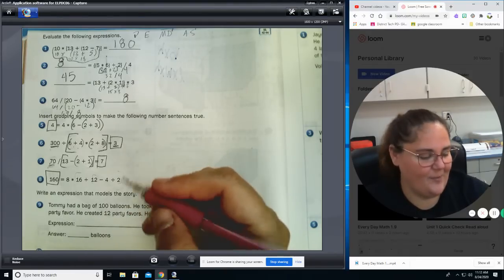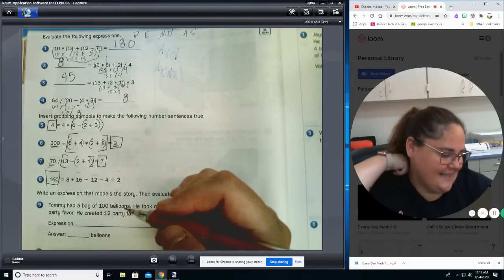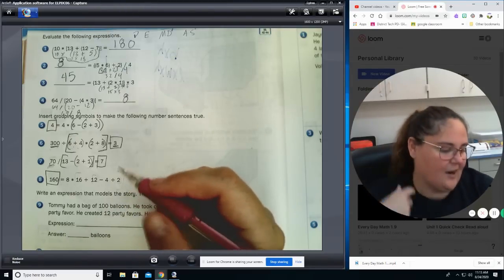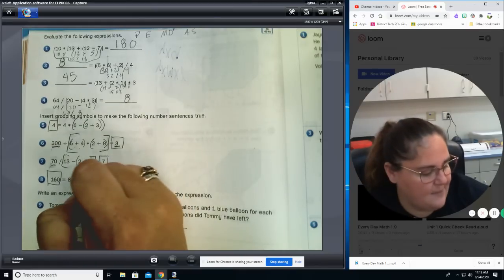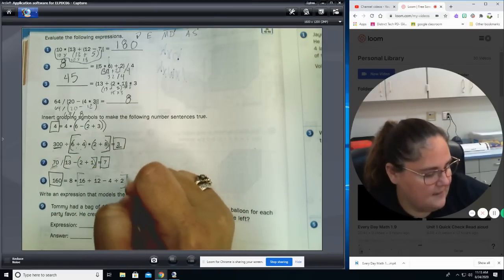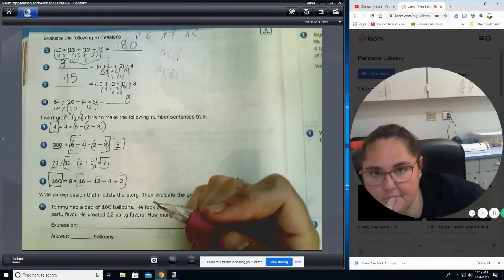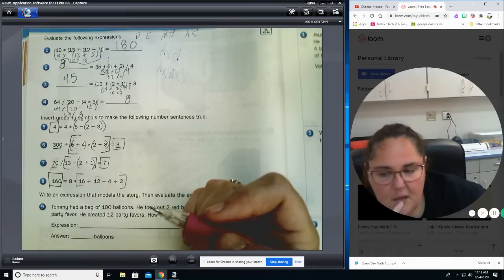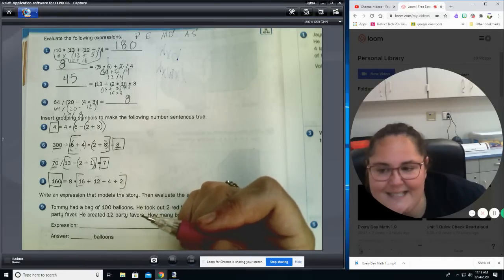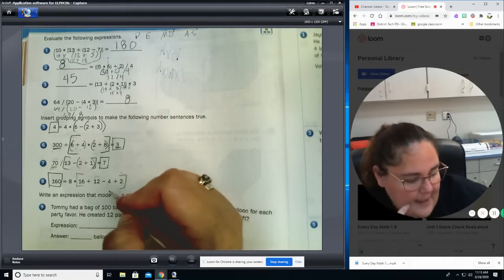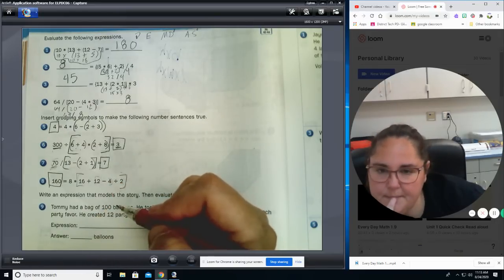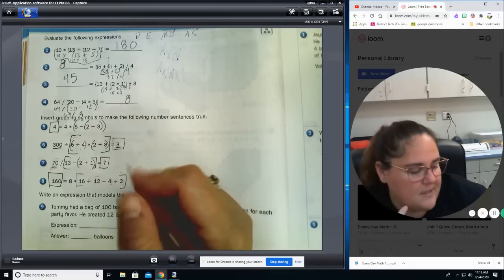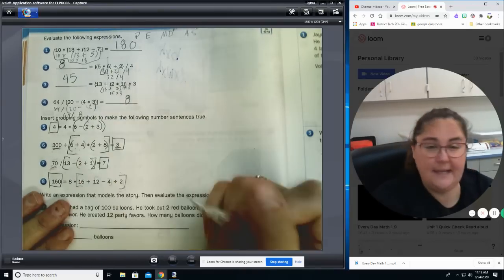All right, you are back, and I'm excited. Yes. All right, so the first thing that I see, I know I need to find a way to make this equal 20. So the way that I need to do this, I think, is I'm going to start by doing 12 minus 4, because if I do 12 minus 4, my answer is 8.